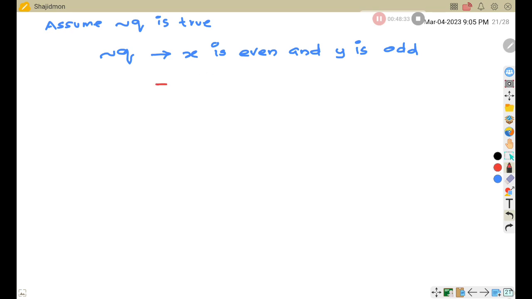That means x is even. Even means how to write? 2 times k, correct? x equal to 2 times k, and, and means the symbol. Y is odd. So y, how can we write? Y equals 2k plus 1.